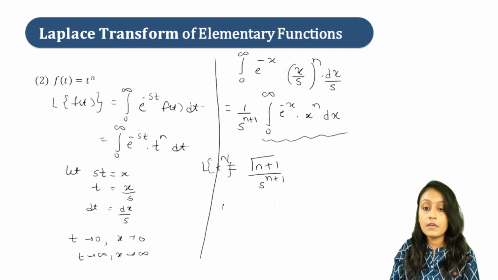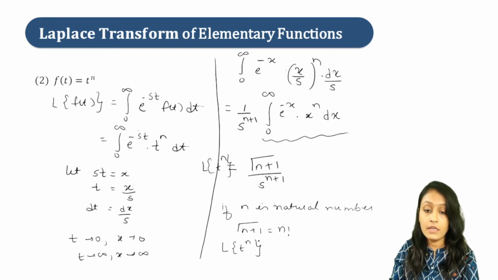If n is a natural number, then from the property of the gamma function, gamma n plus 1 is n factorial. So Laplace transform of t raised to n for a natural number will be n factorial upon s raised to n plus 1. We have to remember two formulas here.